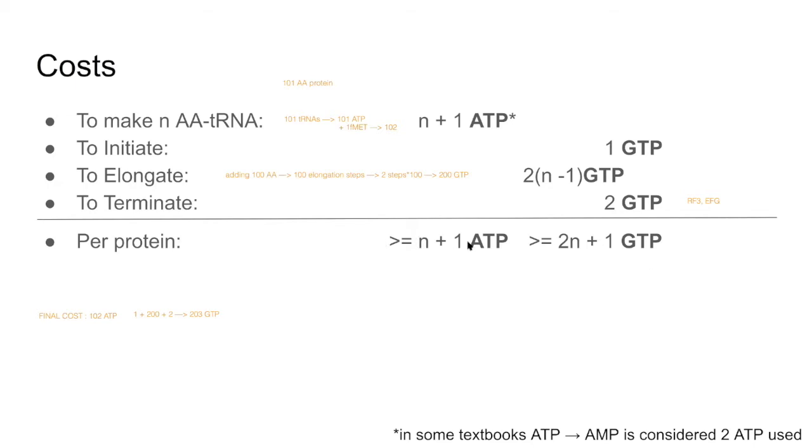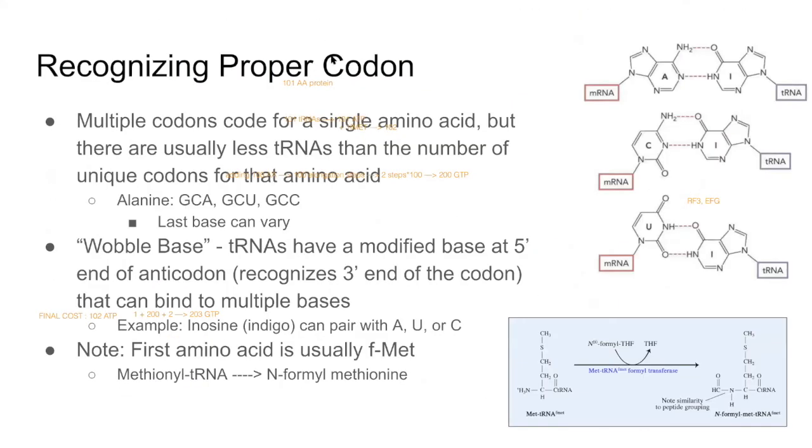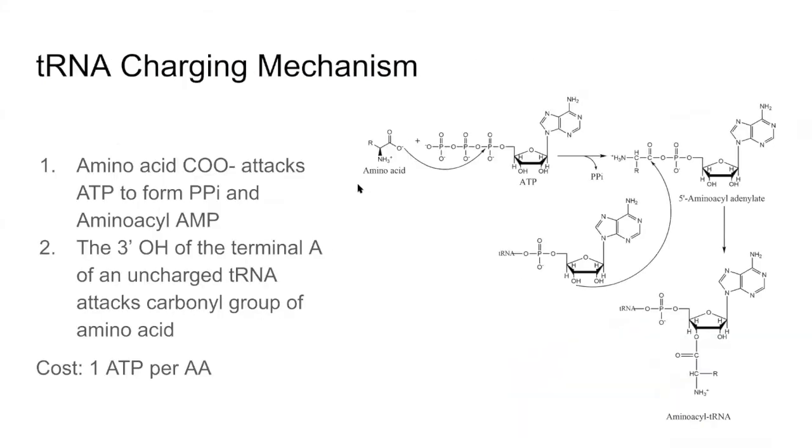You can use this shortcut as a guide. One thing to note, some textbooks consider the initiation or the tRNA charging differently. tRNA charging uses the step where ATP gets converted to AMP.